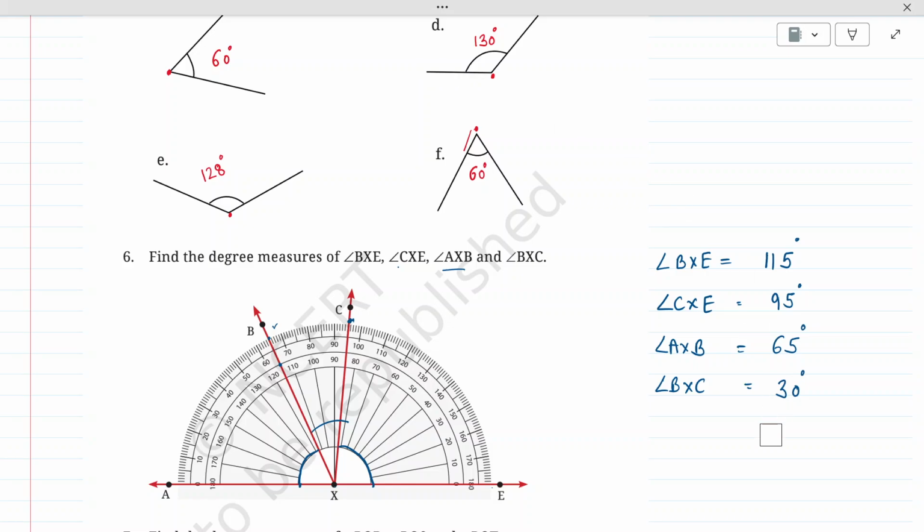Wait, I am erasing and I am explaining how. See, we have 70, 80, this is 10, this is 10, this is 10, 30, and then these fives also. We have this 5 and this 5 also. Okay, so this makes it 35 degrees.